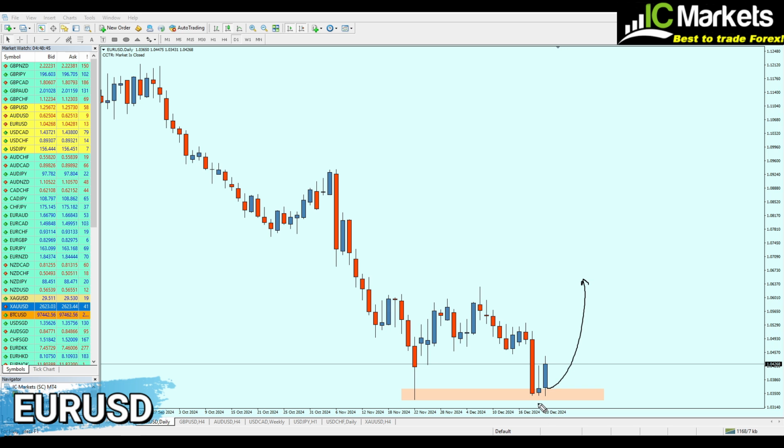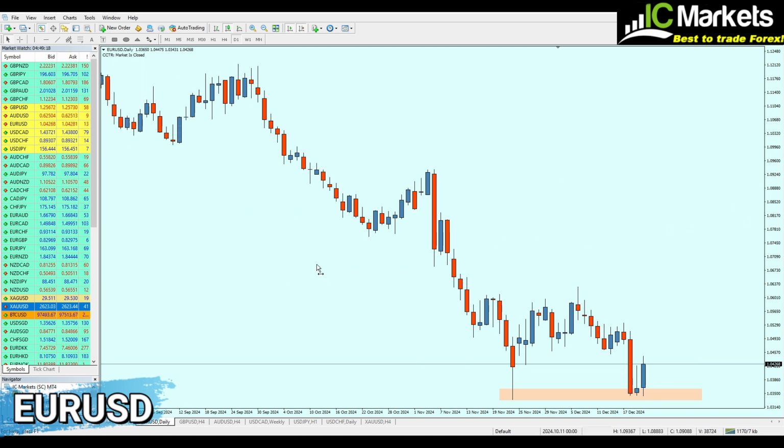Once you see this inverted hammer appear on a support level, especially on weekly, or in this case daily chart, you can trust that the market has a good chance of a bullish reversal. Of course, there is no such thing in Forex as 100% or guaranteed, but we're just talking about probabilities here. So there is a high chance that the market will continue making a bullish reversal at this point.